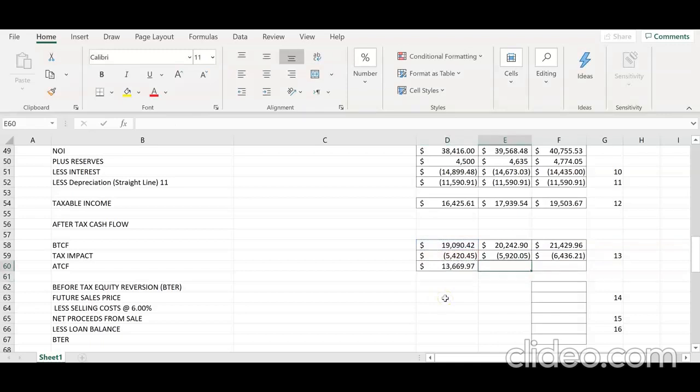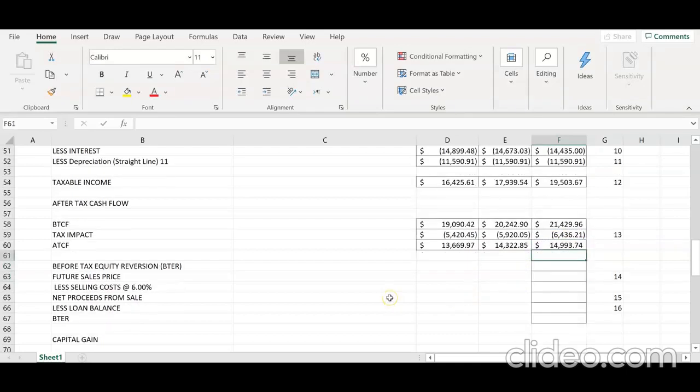And for the second column, it would be the same process, just going to add up, even for the third column. And that's how we calculate after tax cash flow.